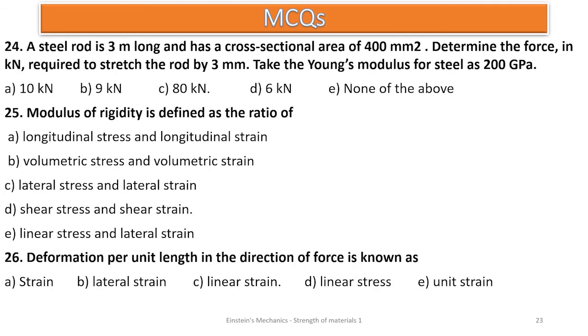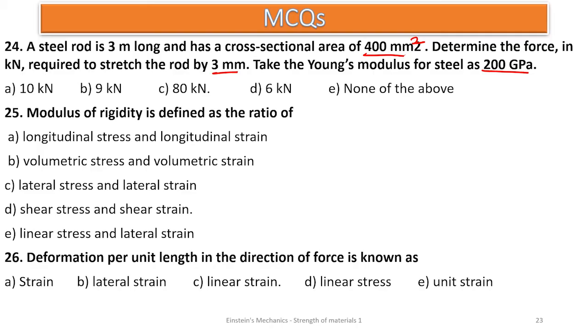24. A rod is 3 meters long and has a cross section of 400 millimeters square. Determine the force in kilonewton required to stretch the rod by that. We should take Young's modulus of the steel to be that. Are we okay? So here we can derive the force from this formula.